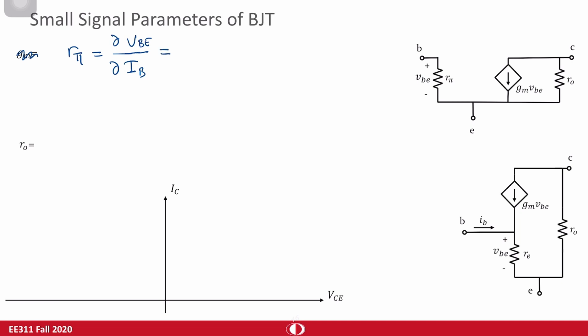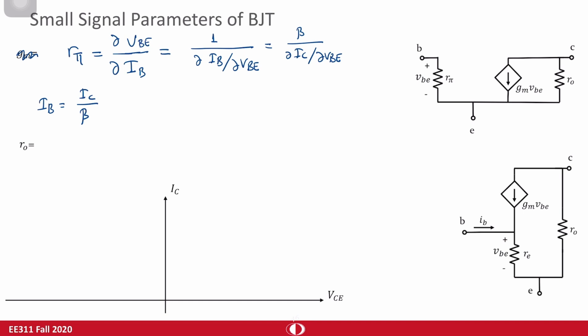In the forward active region, IB is equal to IC divided by beta. So it will be 1 over del IB divided by del VBE, which is beta over del IC by del VBE.